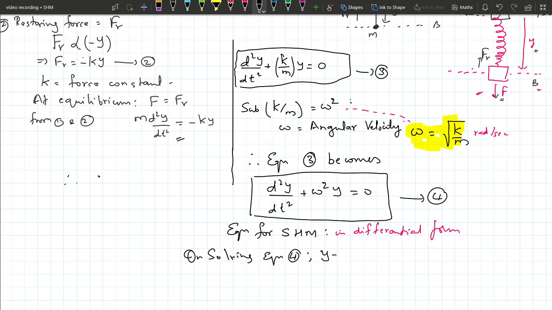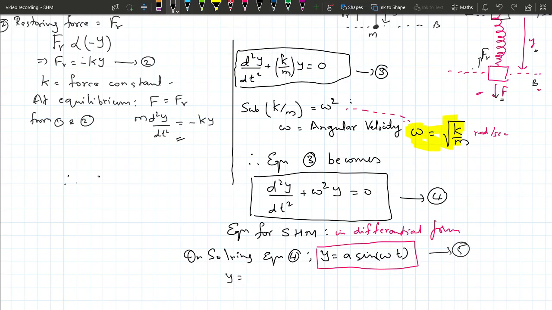One of the solutions is y is equal to a sine omega t. This is the solution that I get from equation number 4. I will call it equation number 5, and this represents the displacement.